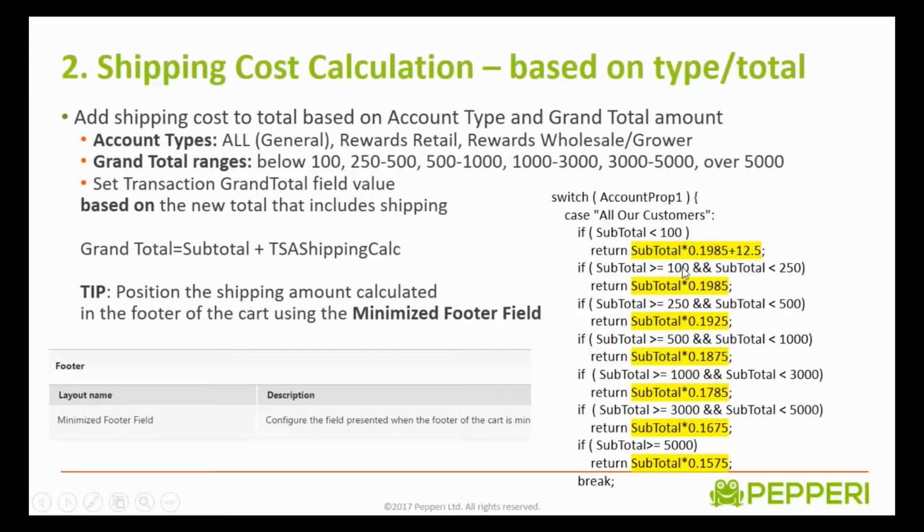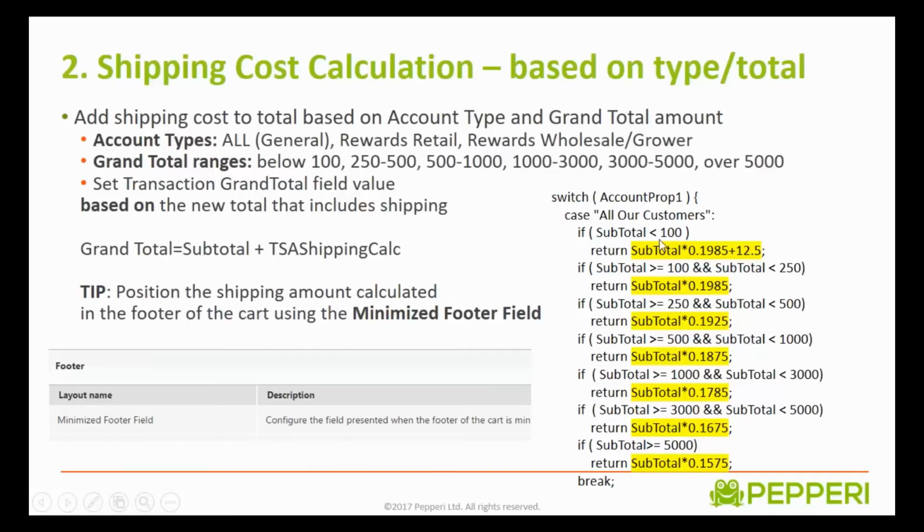If the subtotal is above 100 and less than 250, then they don't pay the additional 12.5. It's just the 0.1985. If it's between 250 and 500, it goes down a bit to 0.1925 and so forth, and it gets lower and lower until it's greater than or equal to 5,000. It returns something that's closer to 15 or 16% of the subtotal. Okay, so this is one case for the all customer type.